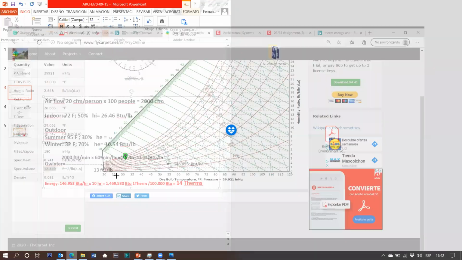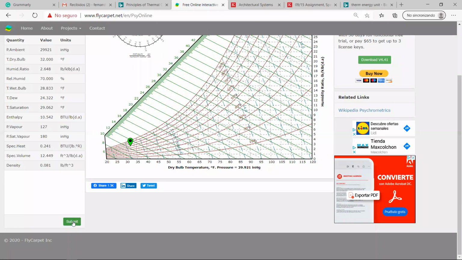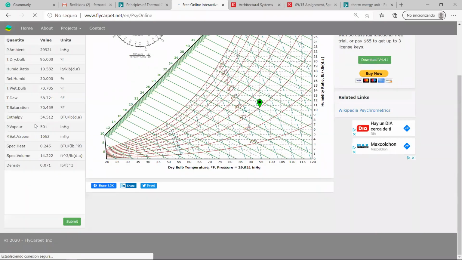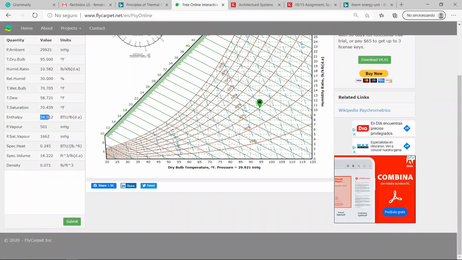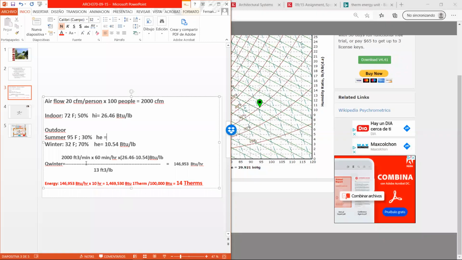We have to go to the chart, summer conditions 95, relative humidity 30, submit. Okay, so in summer the enthalpy is 34.5. So we go back here. In summer the enthalpy is 34.5 units BTU per pound.